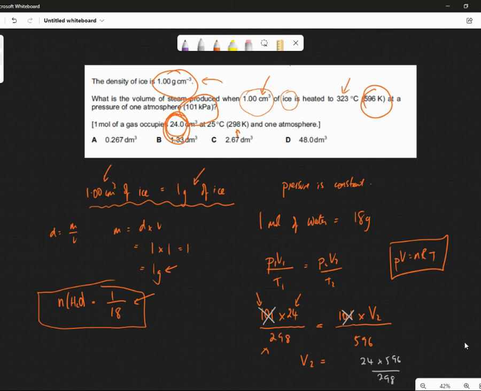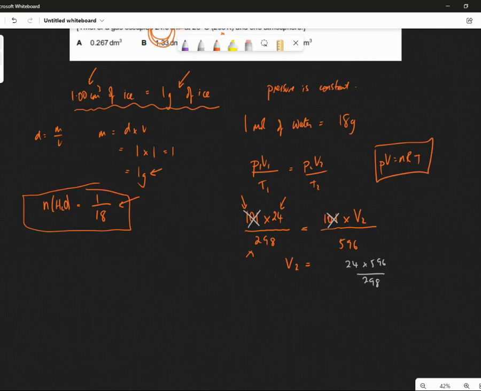Let me get my calculator out. So 24 times 596 divided by 298, and the volume is 48 decimeters cubed.